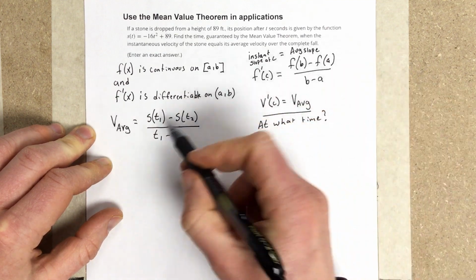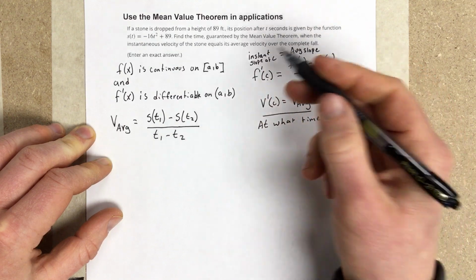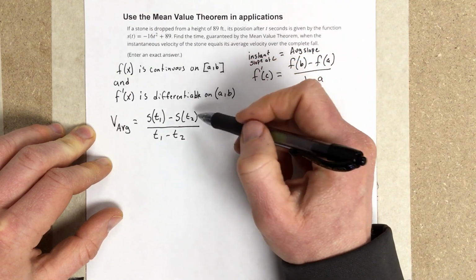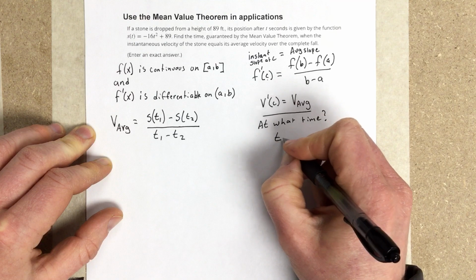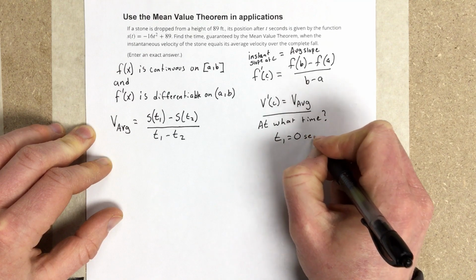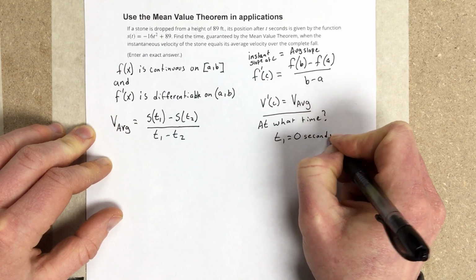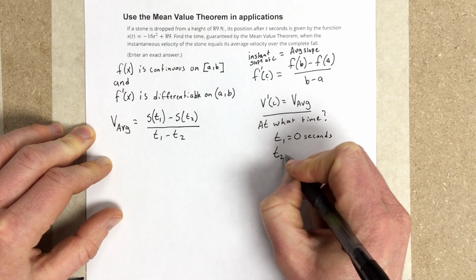So we're going to say that time 1 is basically 0 seconds, so t1 is equal to 0 seconds. And we don't know t2 yet.